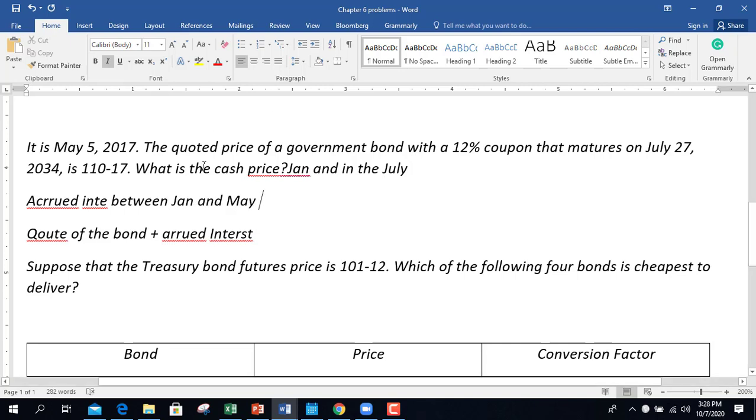To be precise, 27th Jan is the date when the bond pays coupon, and May 5th is the given date. So you have to find the number of days between 27th Jan 2017 and 5th May 2017, and then find the accrued interest.